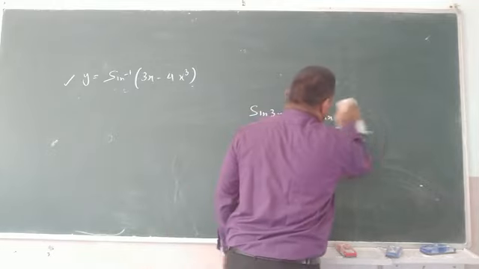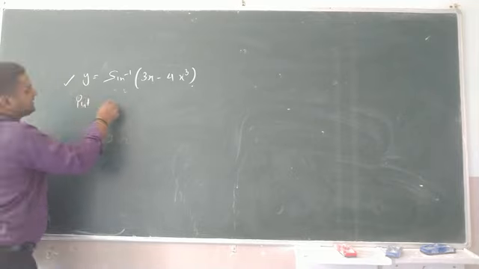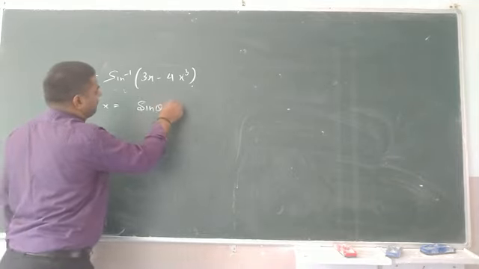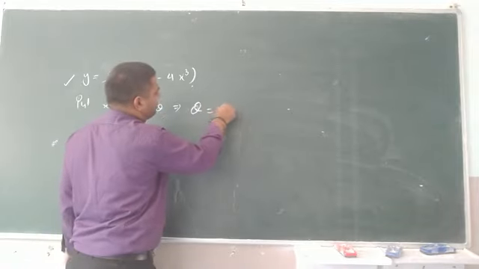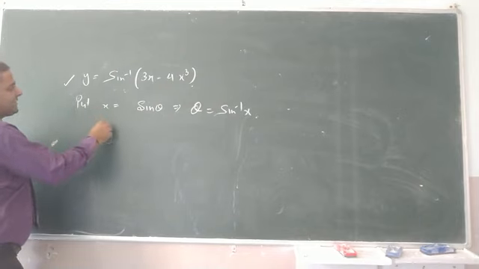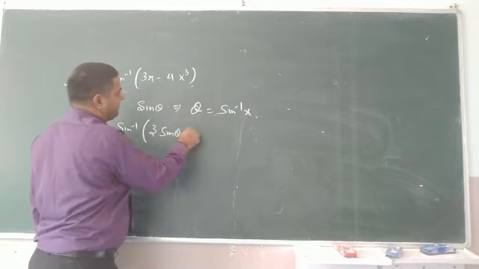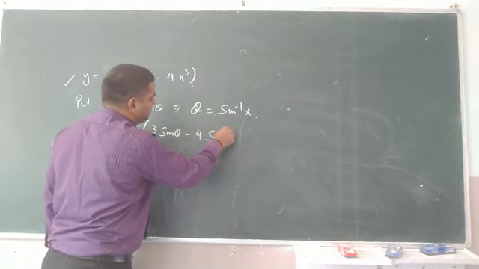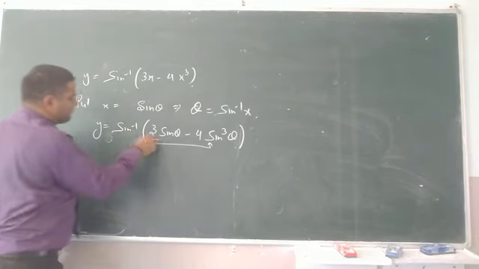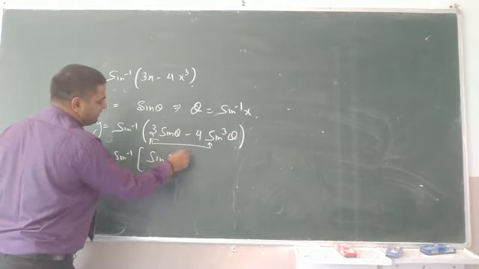So, we substitute here, put x equals sine theta, which implies theta is equal to sine inverse x. So, y is equal to sine inverse of 3 sine theta minus 4 sine cube theta. We know 3 sine theta minus 4 sine cube theta equals sine 3 theta.